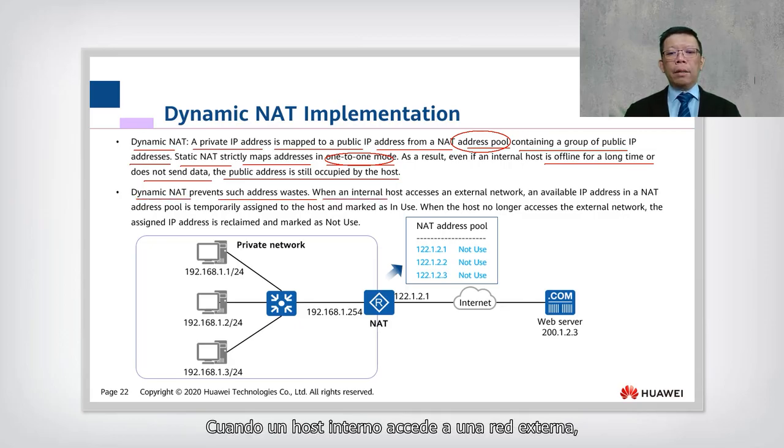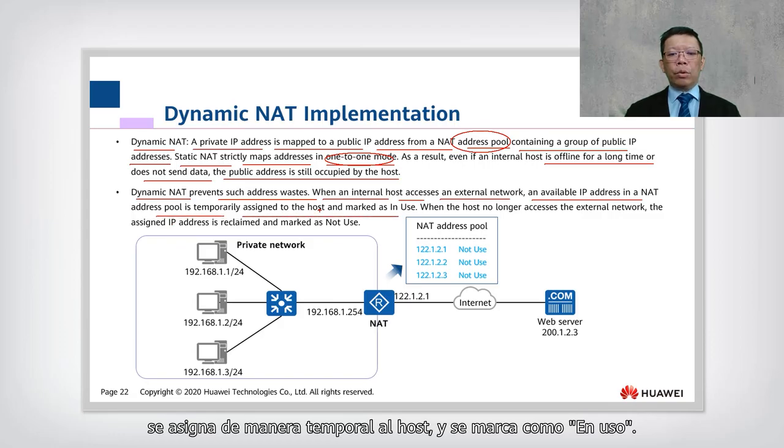When an internal host accesses an external network, an available IP address in the NAT address pool is temporarily assigned to the host and marked as in use. So again, you can see here we have temporarily assigned. Once the user doesn't use it, it will be released. So when the host no longer accesses the external network, the assigned IP is reclaimed and marked as not used.